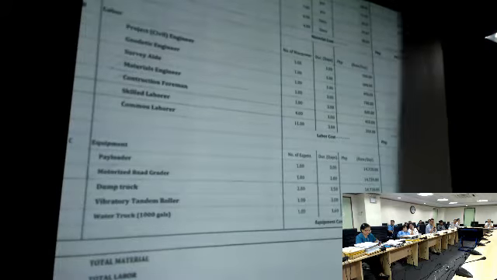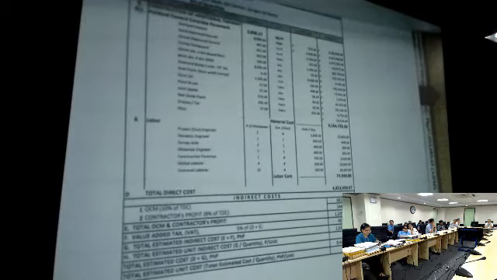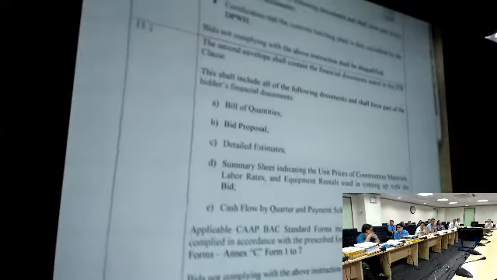And besides, sir, ito, 13.1, nandito po lahat siya. Paki-flash mo yung specific conditions, yung applicable BDS clause. Yung 13, paano natin sinabi?